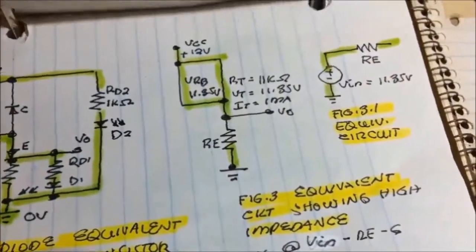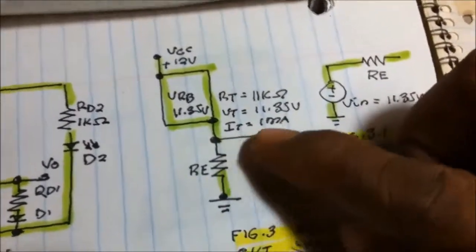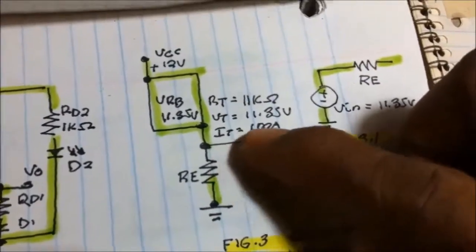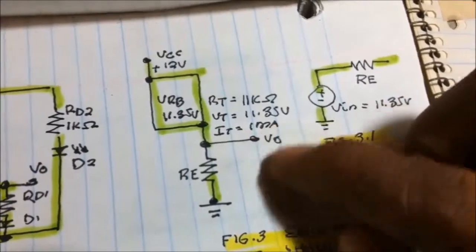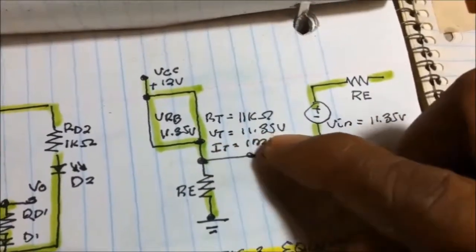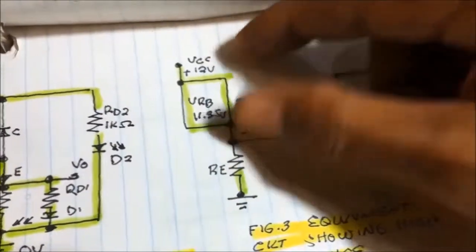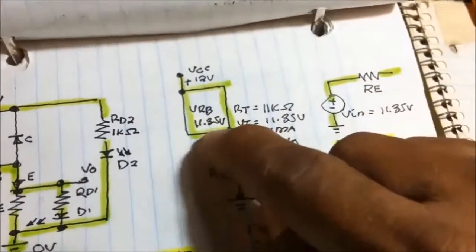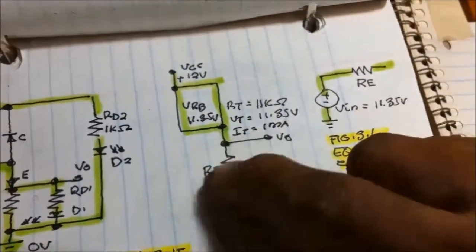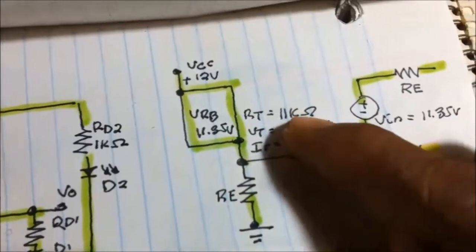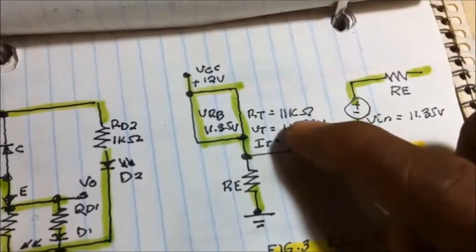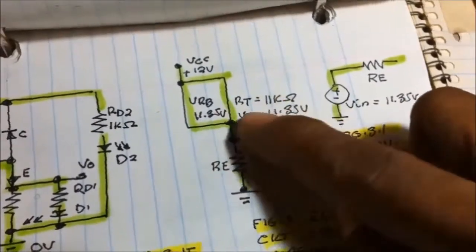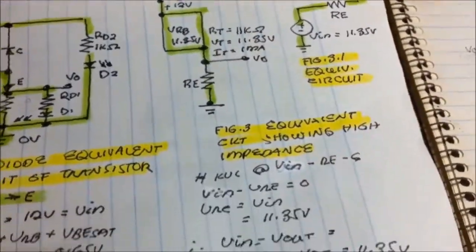This is now our voltage input, having a current, that is the base current of 1 milliamp, and 11.35 is now the voltage source of the load. This voltage input is 11.35, not 12 volts. This 11.35 is now the new voltage supply to the load, and 11 kilo ohms. Did you see this? That makes the circuit a high impedance input.